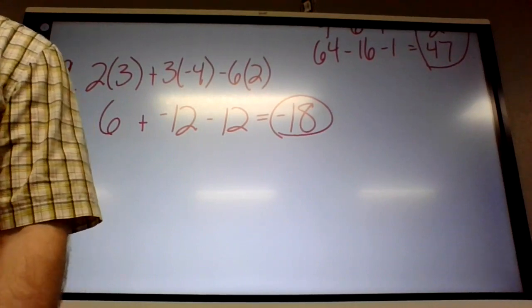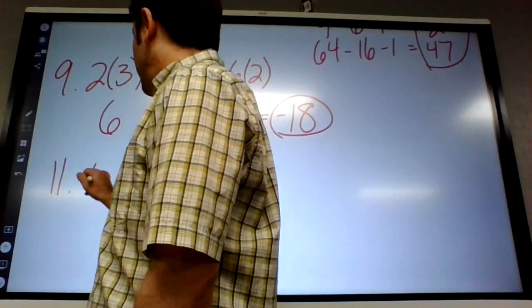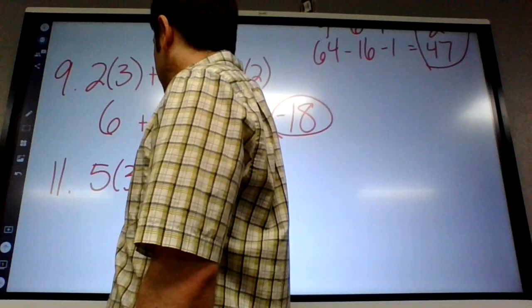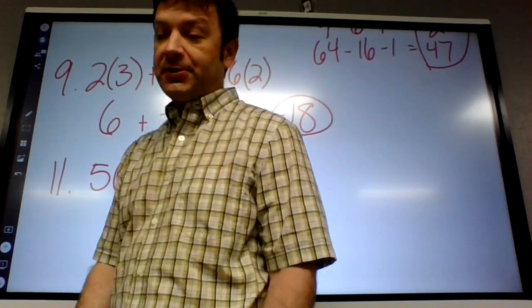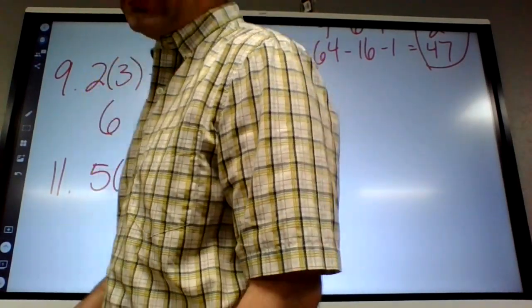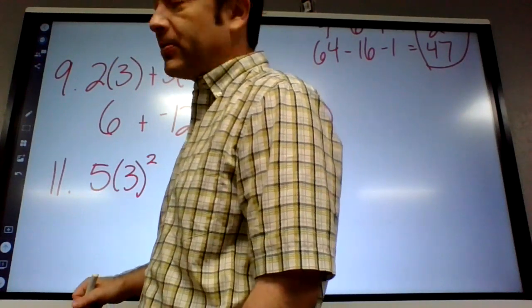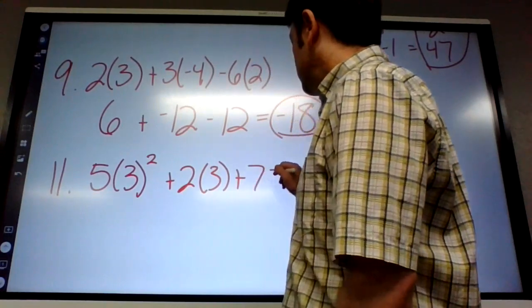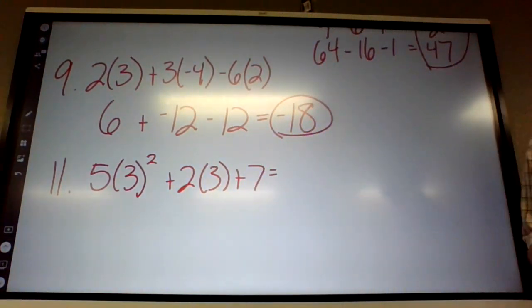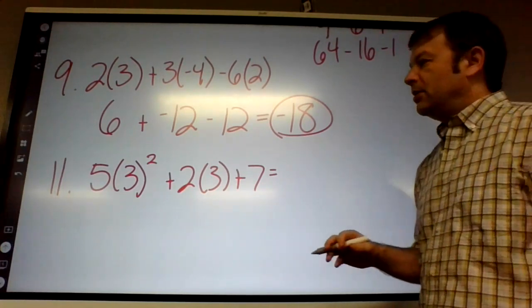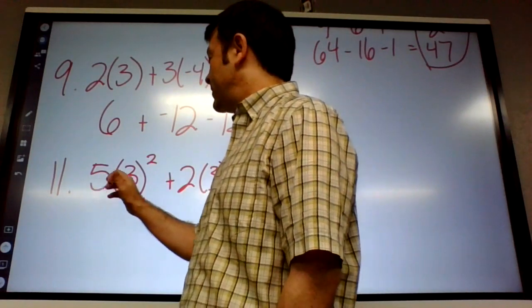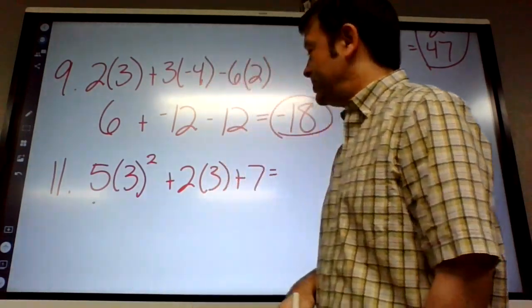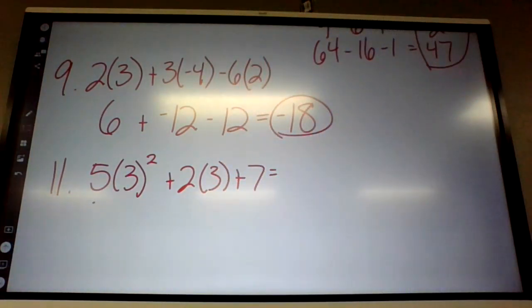Number 11, 5x squared. So it's 5 times 3 squared for x plus 2 times 3 plus 7. Okay, so we got 5 times, well, what should we do first, order of operations?